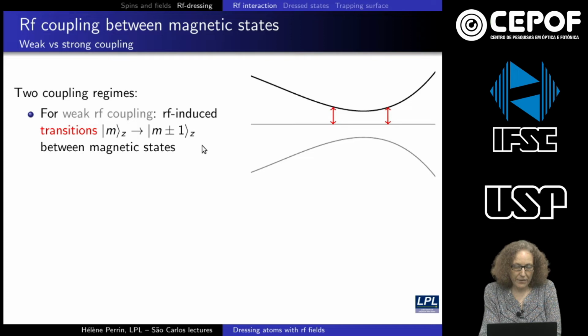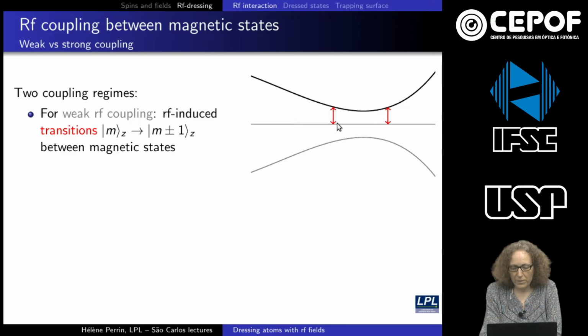To start with, if the coupling omega 1 is small, we have the weak RF coupling regime, and what is happening is that our RF will couple the Zeeman state +1 to the Zeeman state 0 at some position where the Zeeman splitting between the two states corresponds to h bar omega, the energy of one RF photon.